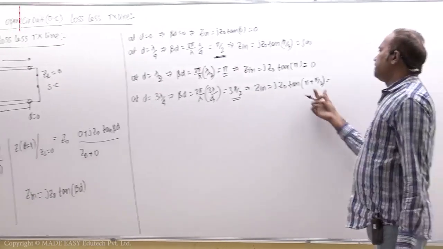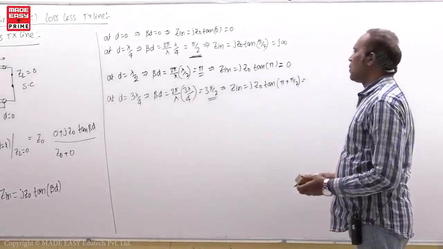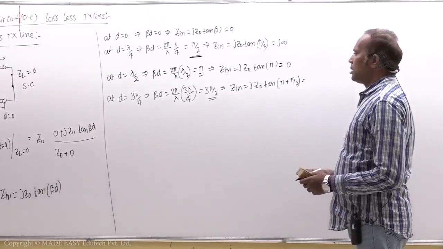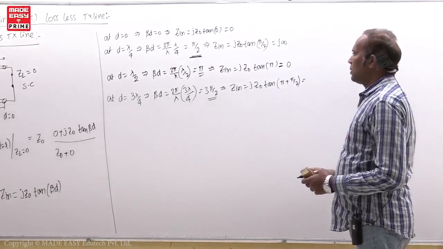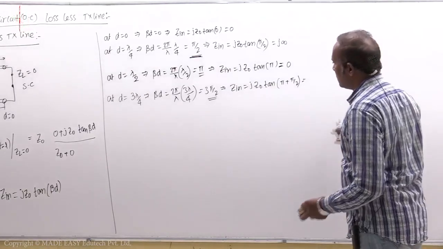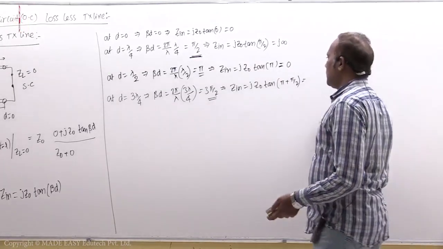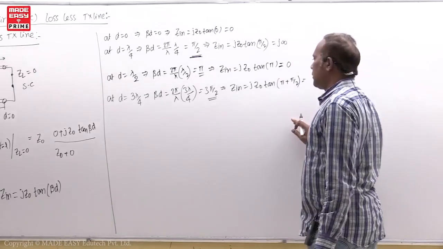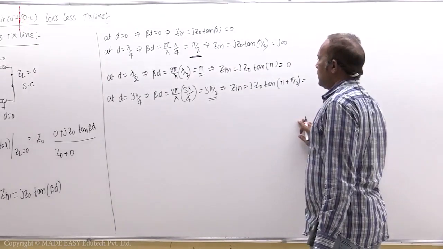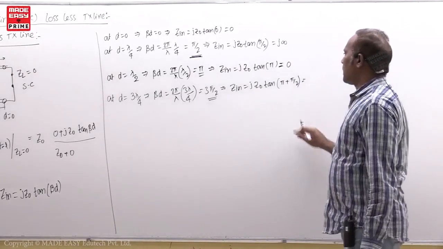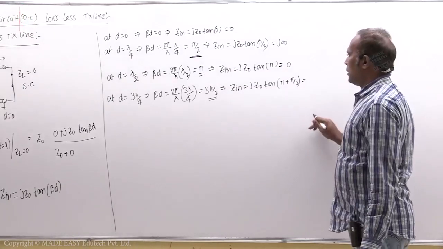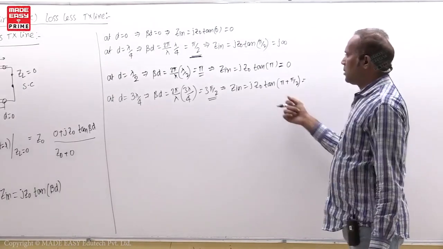Which quadrant is this? Third quadrant. So yeah, this is the third quadrant. Of course, at 270 degrees, it is about to become infinity again, isn't it?